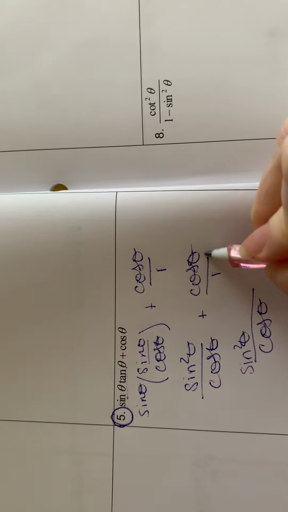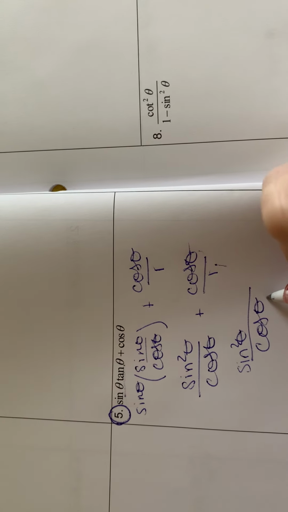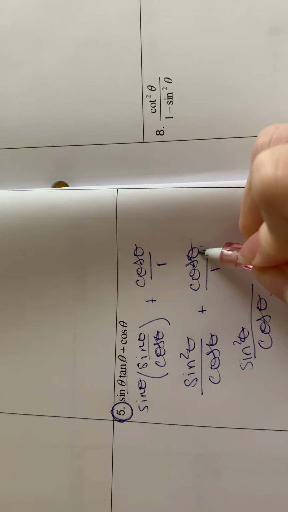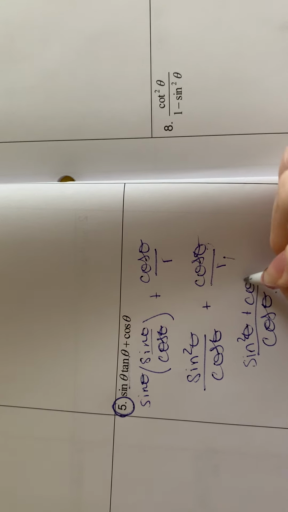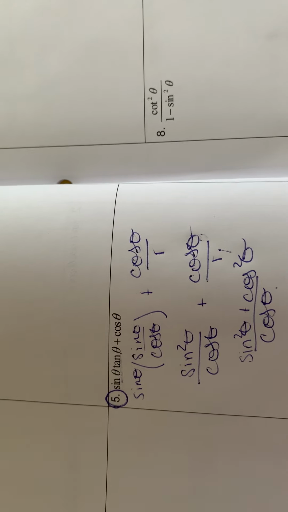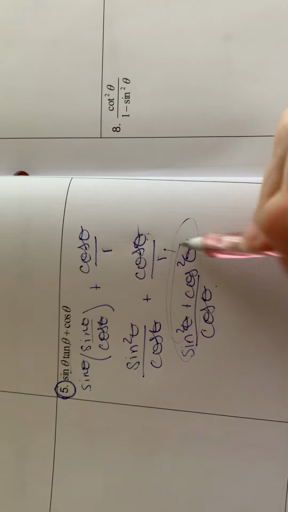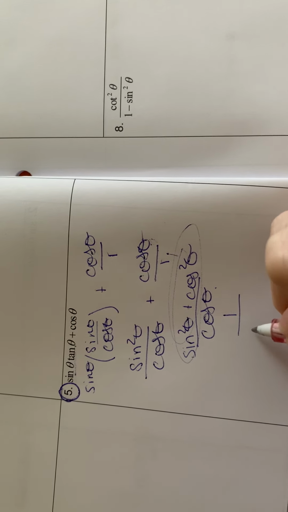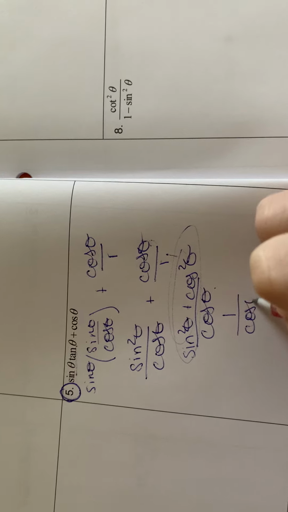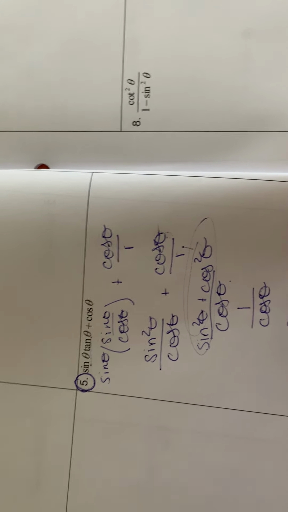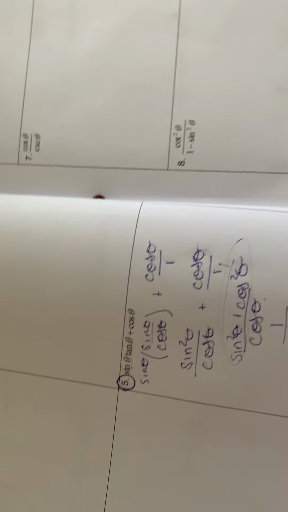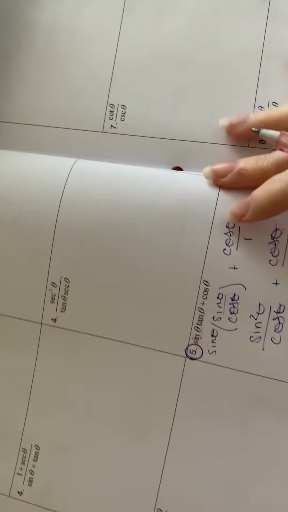Over here, cos over 1 is going to get multiplied by another cos. We're at cos squared. Now, who's excited? Because sine squared plus cosine squared is one of the coolest identities you'll use, is 1. And 1 over cos is secant.